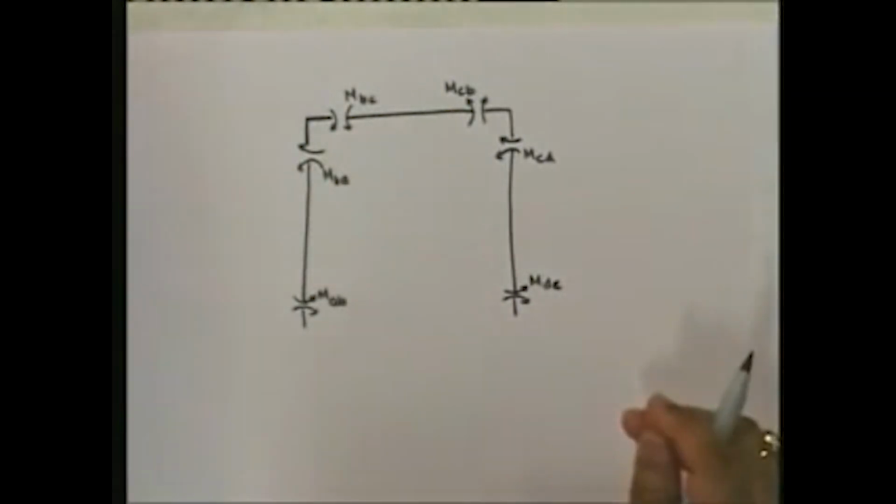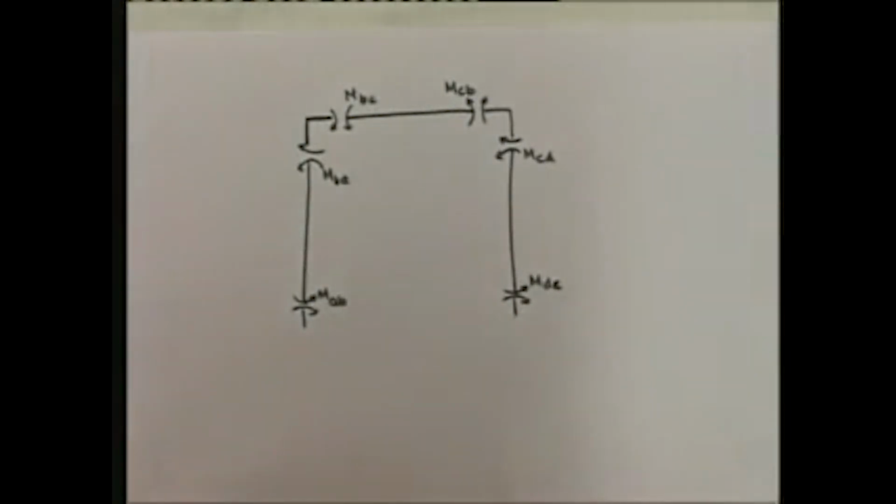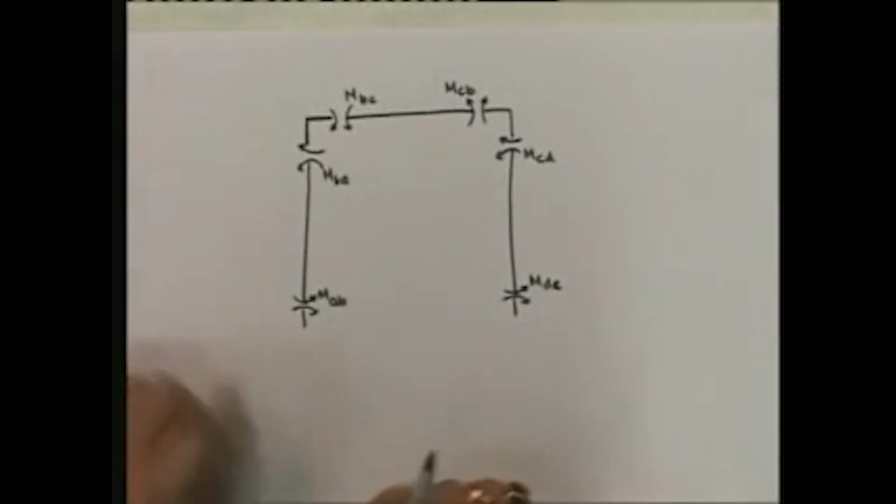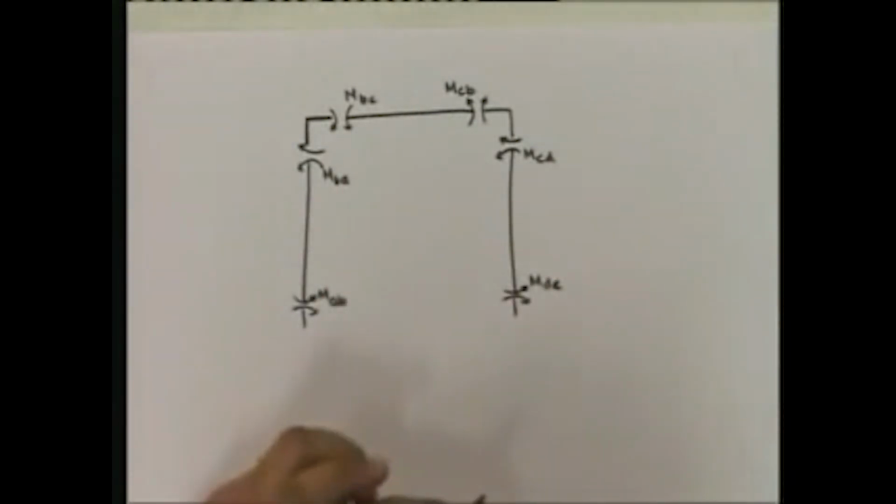These are the values that I have already put down just now. These are all in terms of theta B, theta C and delta, the unknown displacements corresponding to the degrees of freedom. So I've put them down.